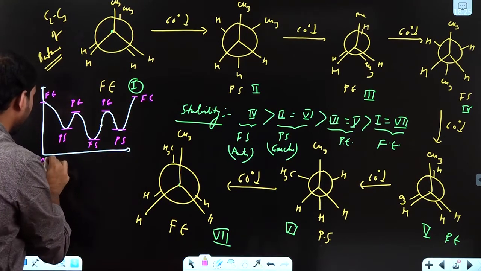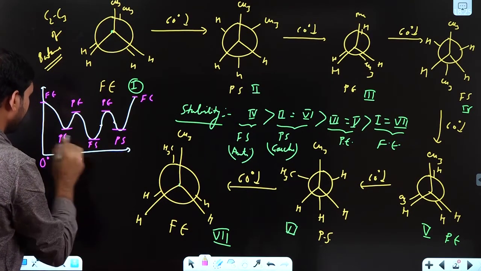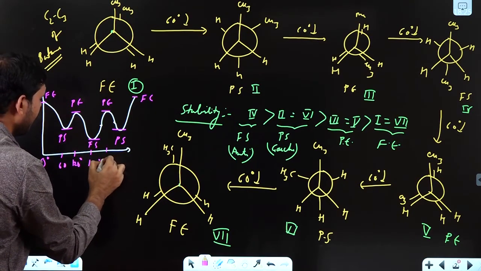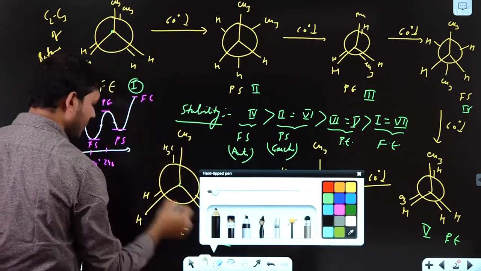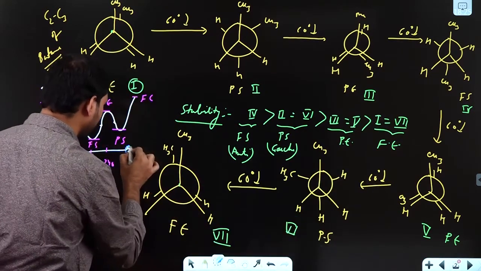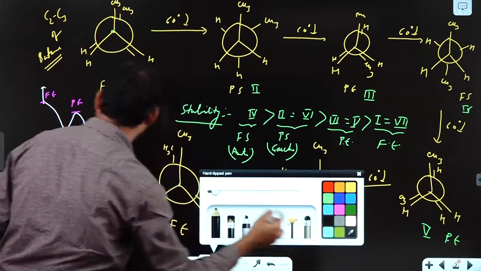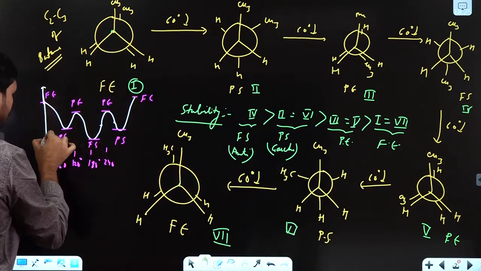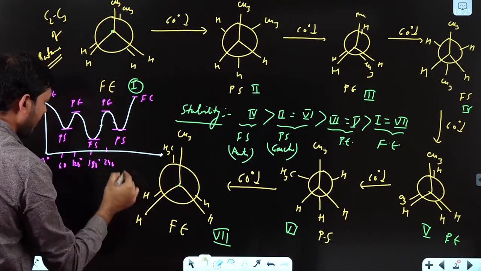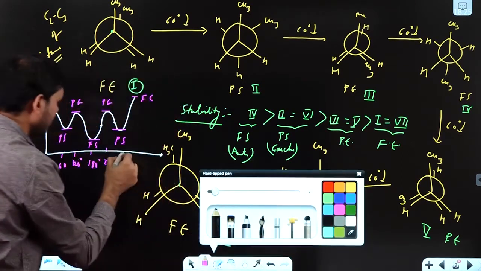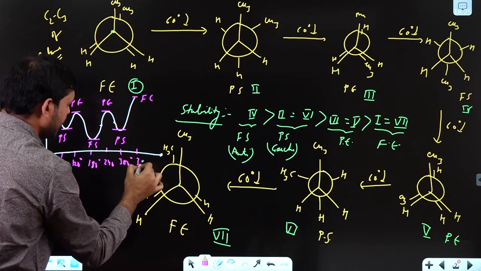So this was your 0 degree, on rotating 60 degree, then 120 degree with respect to 0 degree, then 180 degree, then 240 degree, this again 300 degree, and finally this was your 360 degree.